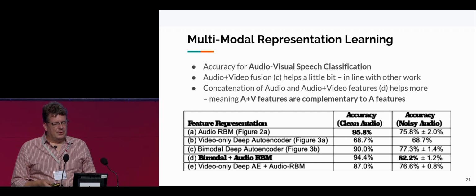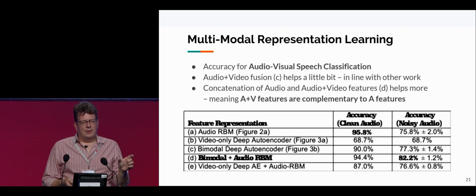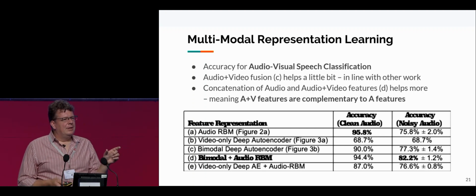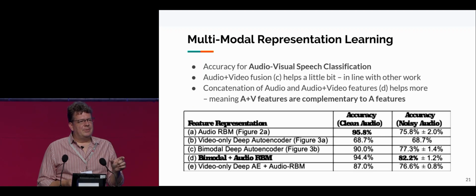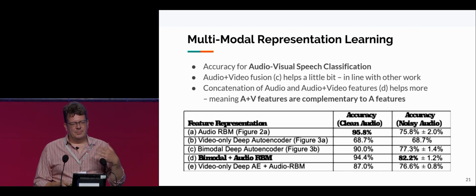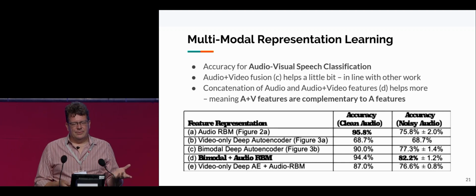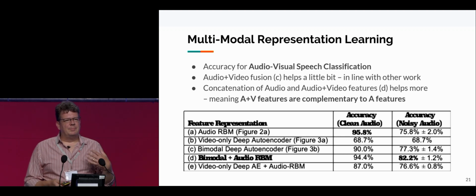but we can do better if we perform fusion of the bimodal features with audio-only features. So we're taking an audio-only representation and fusing it with an audio-visual representation and building a classifier on top of this. This is line D. We're getting an improvement in accuracy for noisy audio that's significantly higher than the bimodal representation alone.